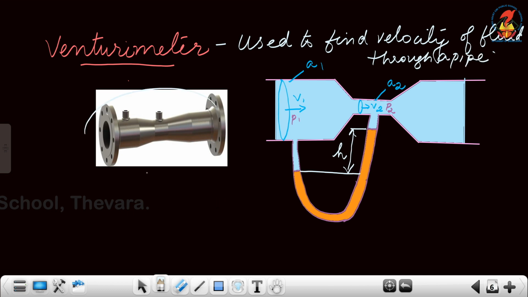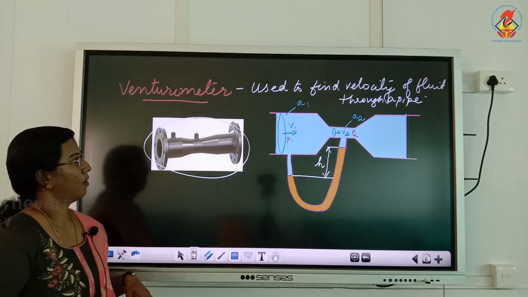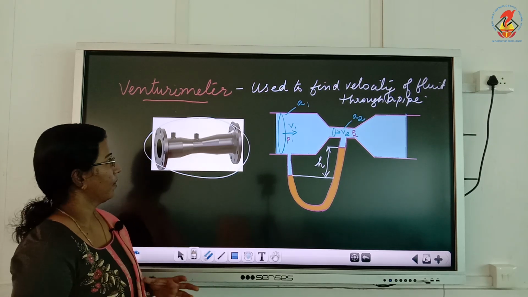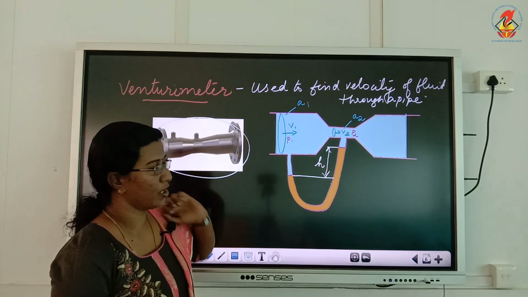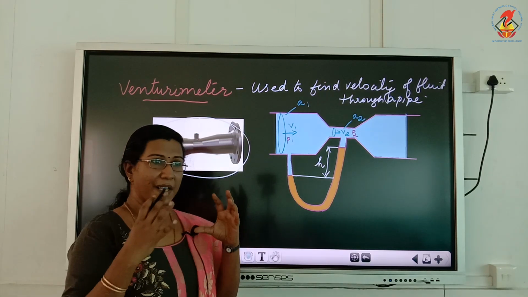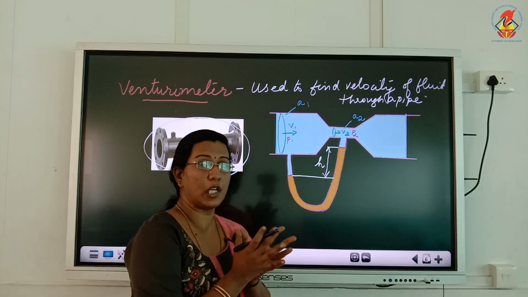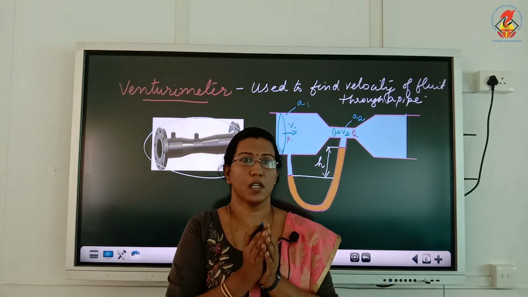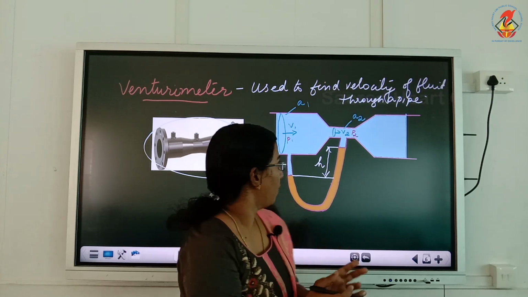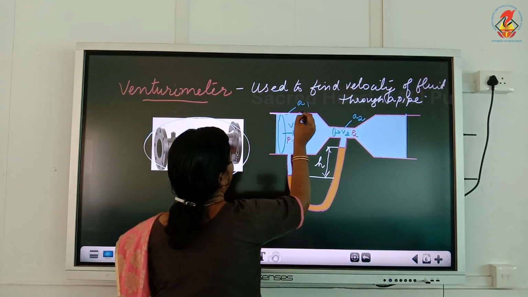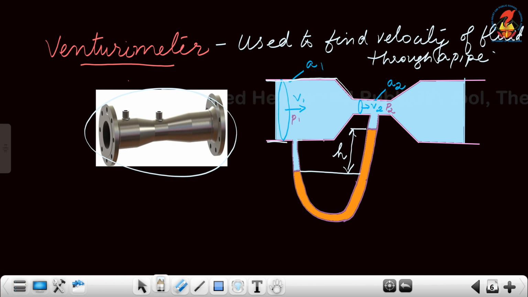Now this is a diagram or figure of a Venturimeter. In order to derive this, I have drawn it here. Venturimeter basically consists of a big horizontal tube which contains two different sections. It consists of a section of wider cross sectional area, which is taken to be A1, and a region with a narrow cross section.